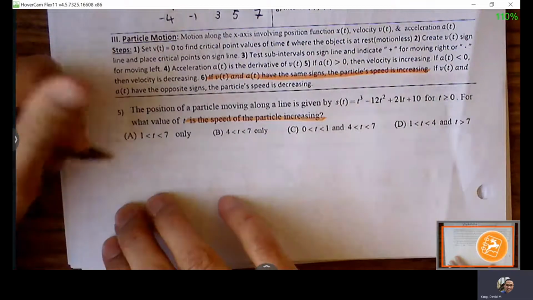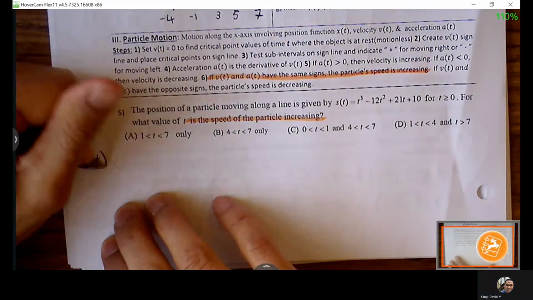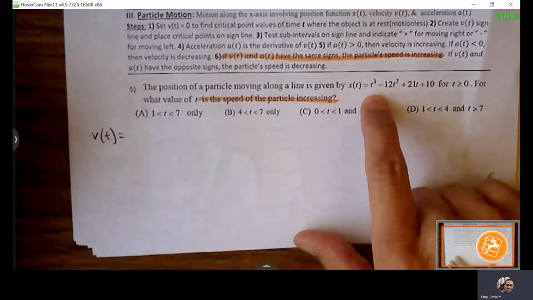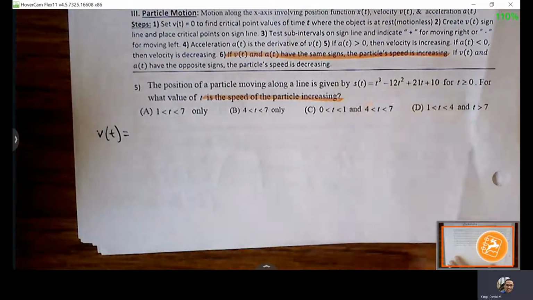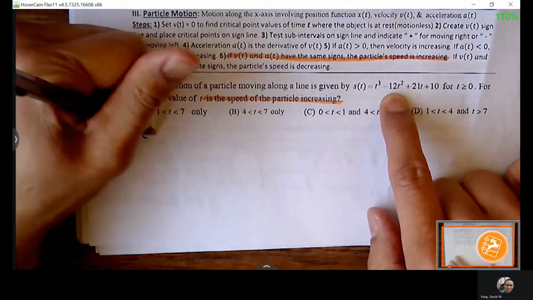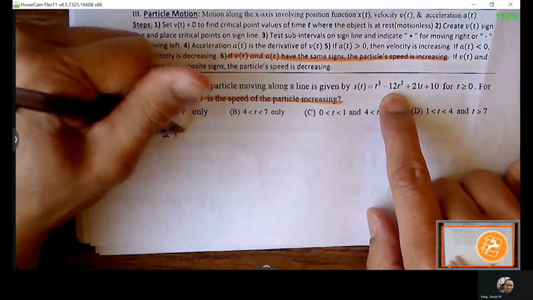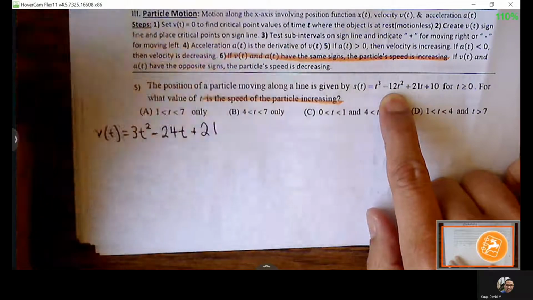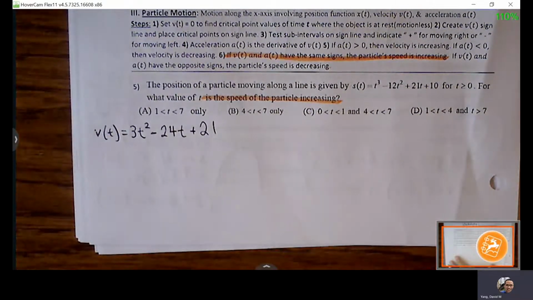Okay, so let's find our velocity function first. Go through the power rule for each of my individual terms. Okay, set velocity equal to 0 to find our critical points.